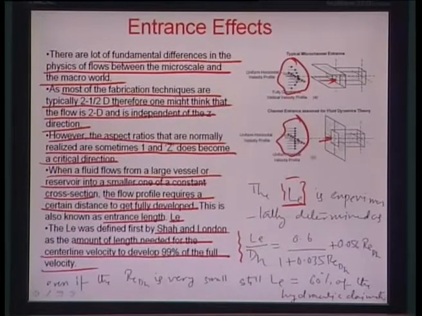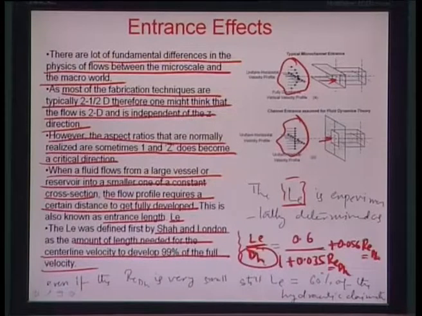LE divided by DH is equal to 0.6 divided by 0.035 Re plus 0.056 Re, where DH is essentially the hydraulic diameter of the channel and Re is the Reynolds number at that particular cross section. So entrance length is very critically a function of the Reynolds number, and also the cross-sectional diameter of the particular microchannel.